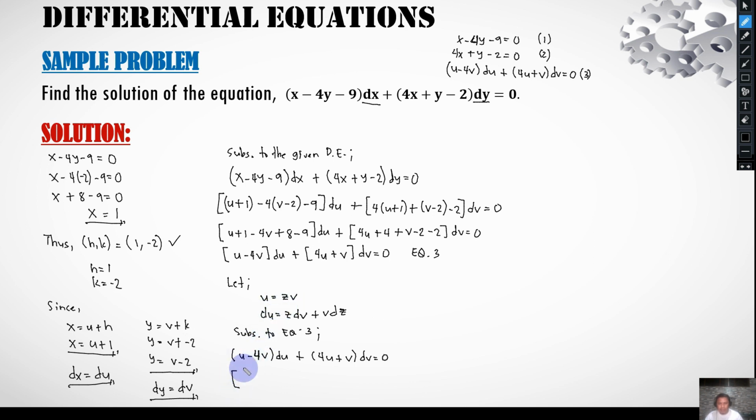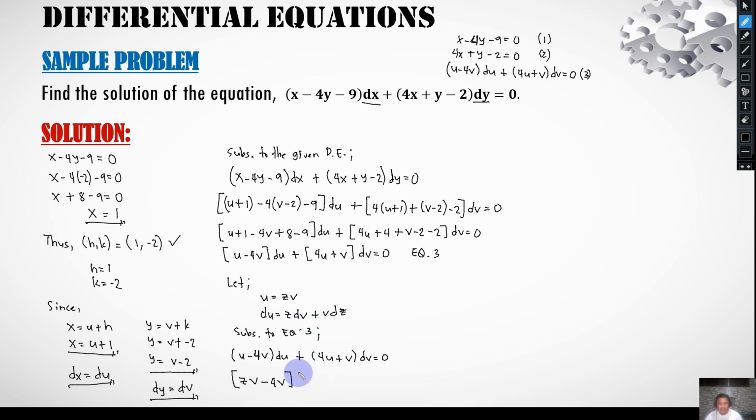So u is zv, so ito yung u, so z times your v minus 4v, and then du, so this is just equivalent to your du, z dv plus v dz.